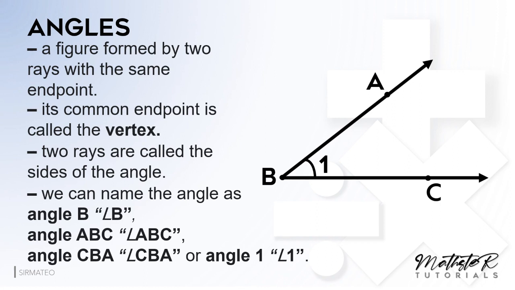Pero yung ating vertex na B or common endpoint na B ay hindi dapat mawawala dun sa gitna ng tatlong letters. Okay? So pwede rin natin siyang pangalanan as angle 1 because when we say angle, meron itong nabubuong degree measurement. So angle can be represented as its degree measure.